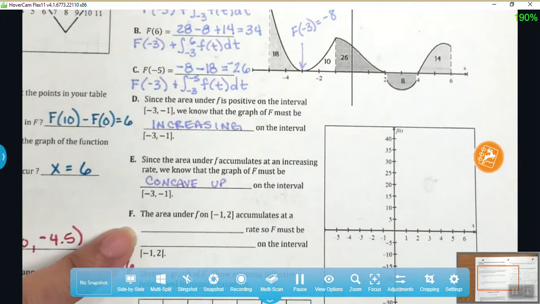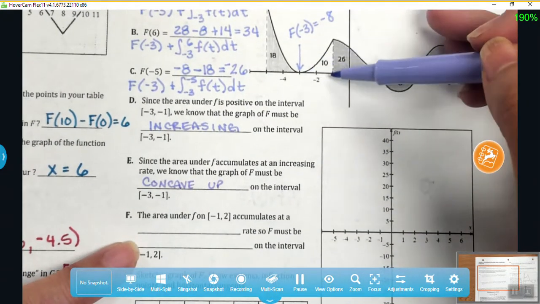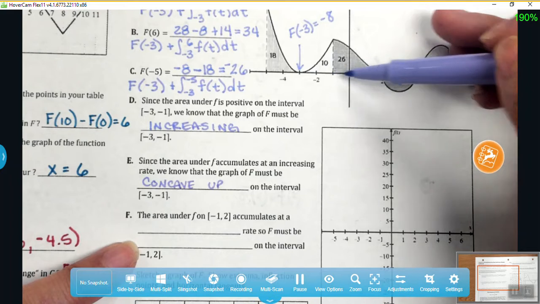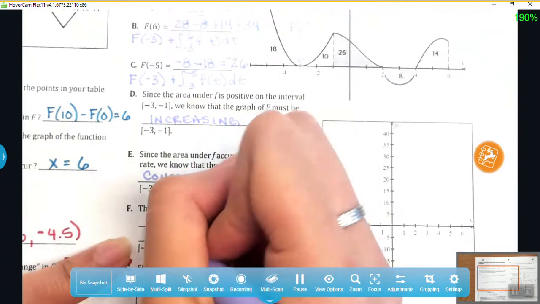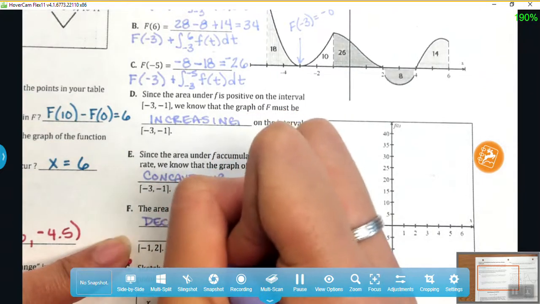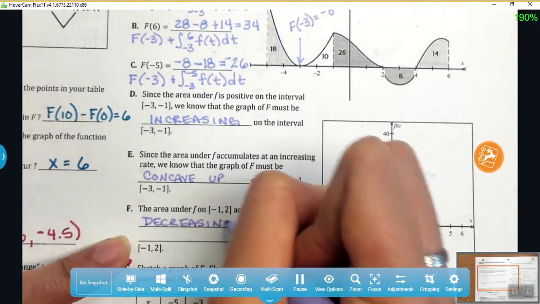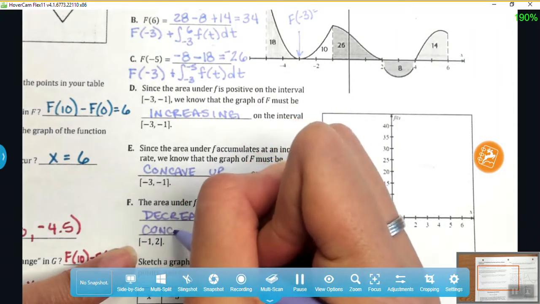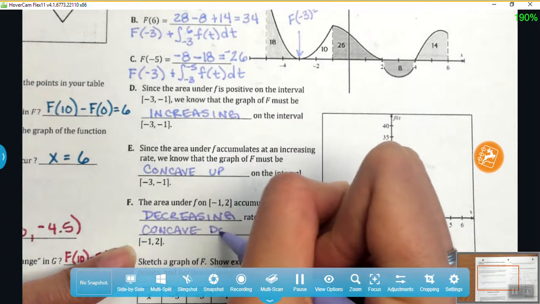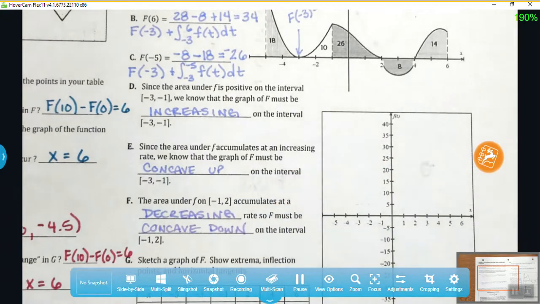The area under f on -1 to 2 accumulates at a decreasing rate. So f must be concave down on the interval. Cool.